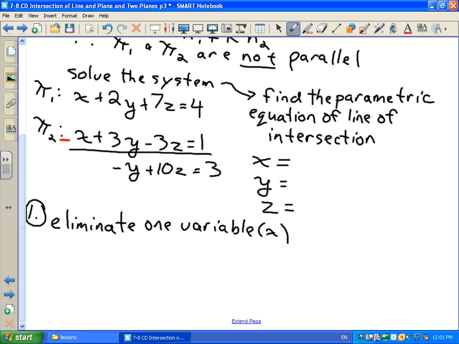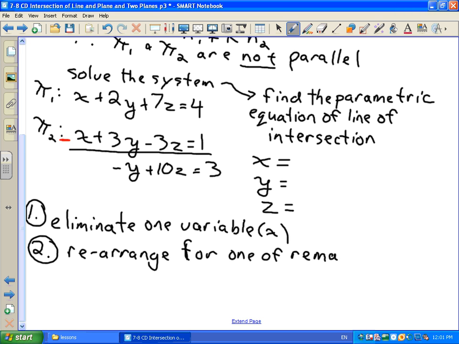Okay. Now, remember what we're after here. We're after expressions of the form x equals, y equals, or z equals. So let's take this thing that we have here and, step 2, rearrange this to solve for one of the remaining variables.